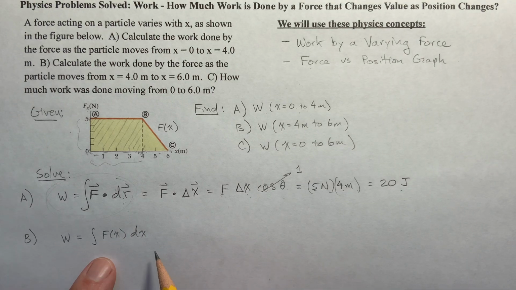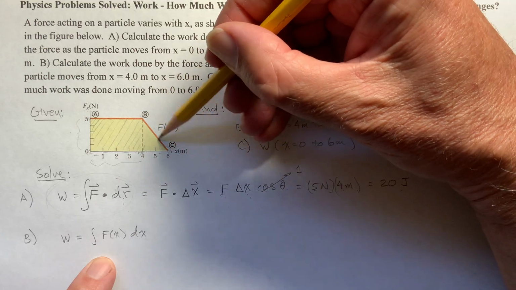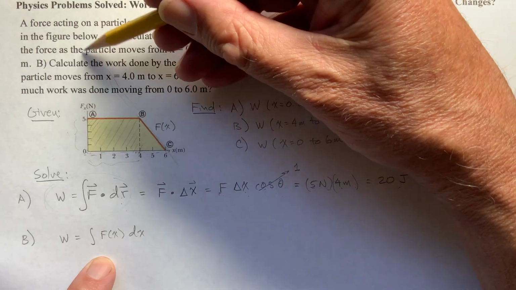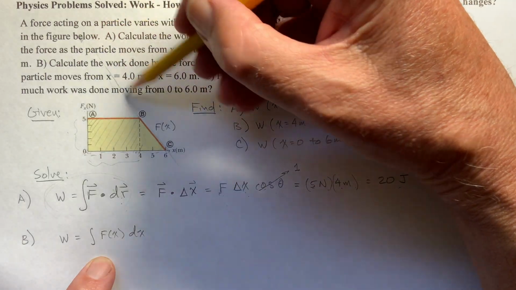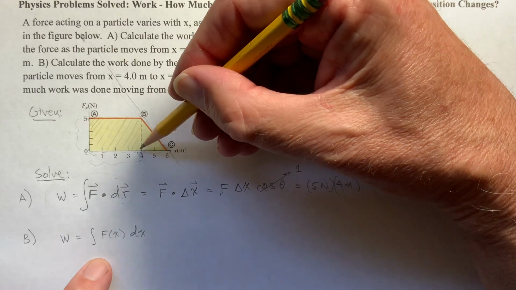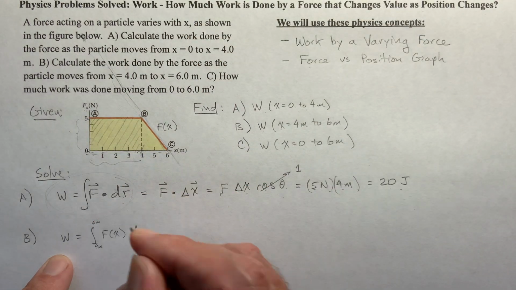We would have to figure out the equation for this line from B to C. It's going to have a y-intercept that's way up here, a negative slope, an initial position of 4 meters and a final position of 6 meters.